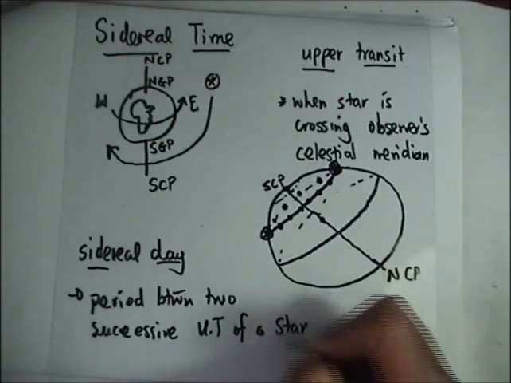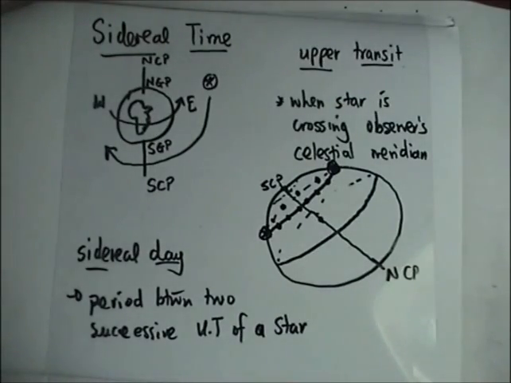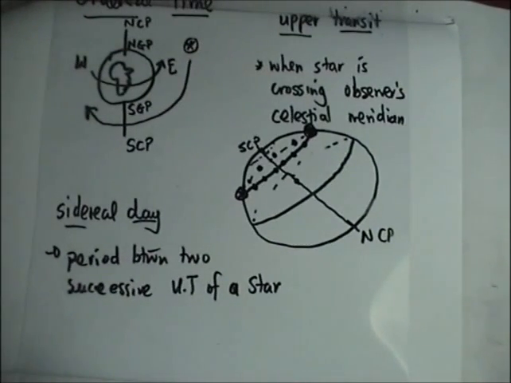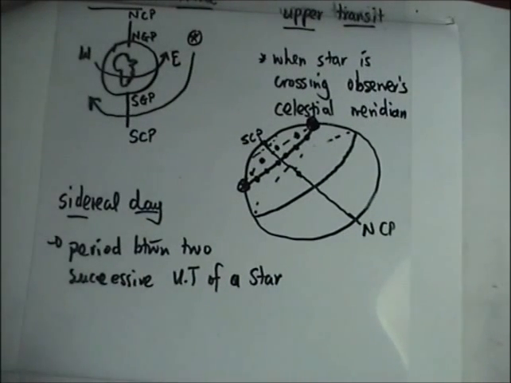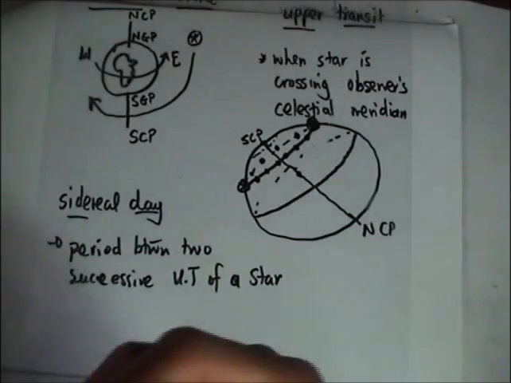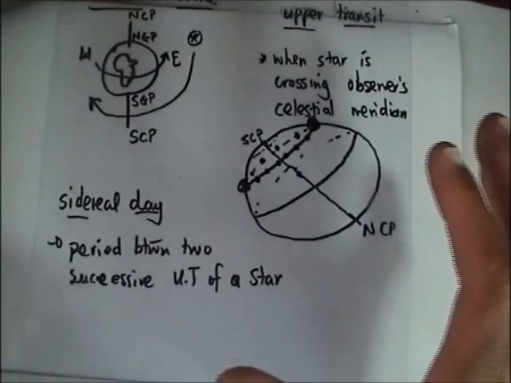So sidereal day, let me just loosely say, is not exactly fixed like our normal day. Our normal day, we know that it starts at 12 midnight. There's a system that we are going to use to fix the sidereal day, but loosely speaking, we can say, okay, I want my days to start at 9 a.m. If you want your days to start at 9 a.m., tomorrow morning at 9 a.m. is a complete day.